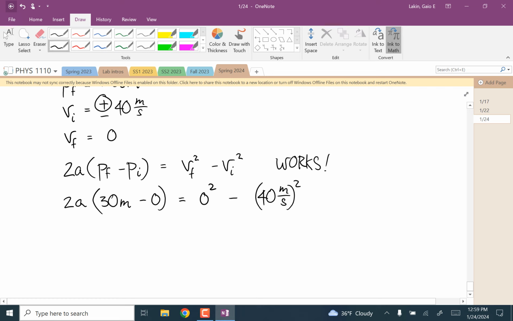If you multiply all this together, you get 60 meters times the acceleration is equal to, if you square 40, you get 1,600. Square meters, you get meters squared. Square seconds, you get seconds squared. So this comes out to be 1,600 meters squared per second squared.